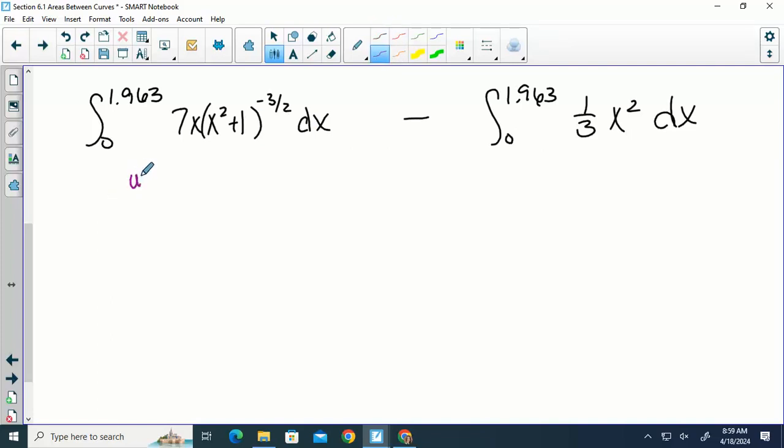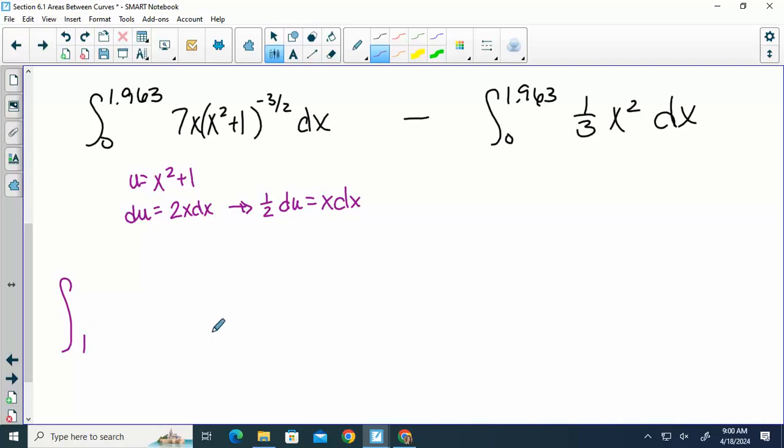U, what's the inside? Du would be 2x dx, and I don't need the 2, so 1/2 du is equal to x dx. Okay, let's go ahead and change our limits. So if I put in my 0, 0 squared plus 1 is 1.